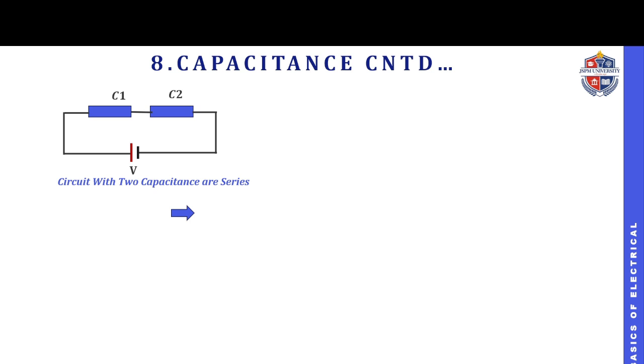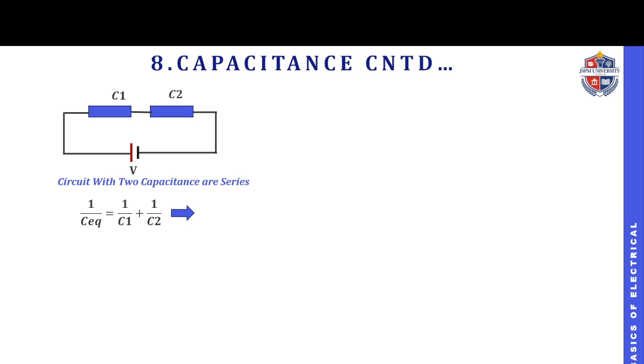So two capacitances are connected in series. The equivalent capacitance is calculated as 1 by C equivalent equals 1 by C1 plus 1 by C2. It is just the reverse of inductance and resistance.